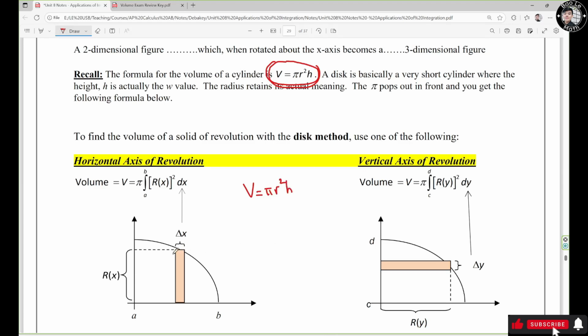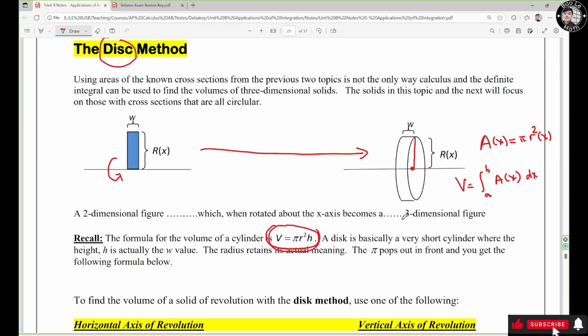Now when you revolve this about the x-axis, you get the cylinder right here. So in order to calculate the volume of the cylinder, you're going to use this formula. The height is w right here, or ds, and the radius is right here.